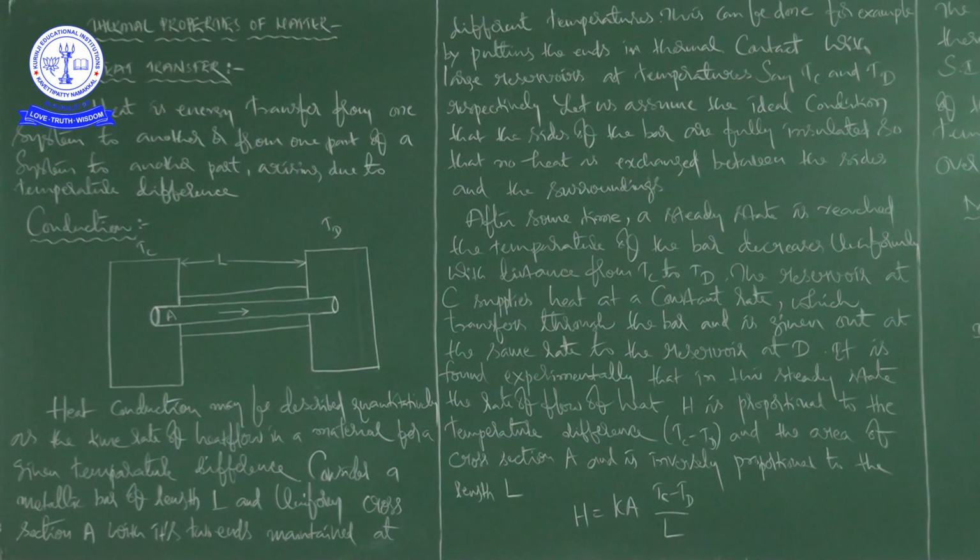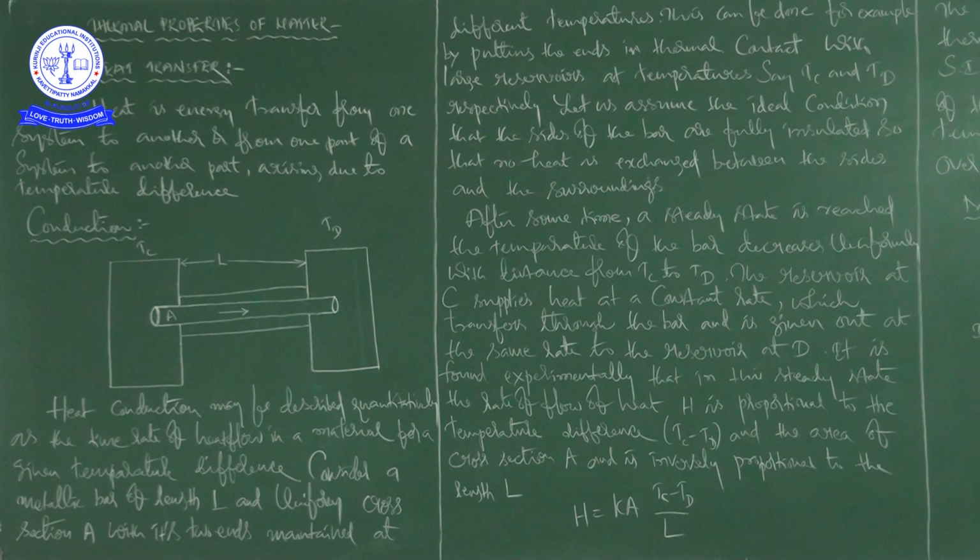Here capital H is proportional to capital A into Tc minus Td by capital L. So capital H is equal to capital K capital A into Tc minus Td by capital L. Here K is the proportionality constant.